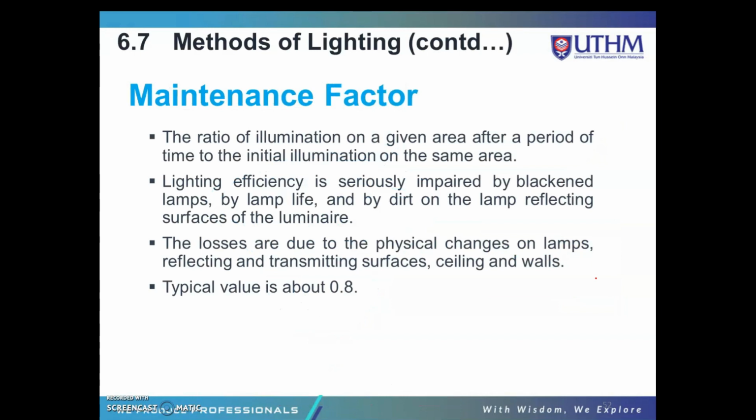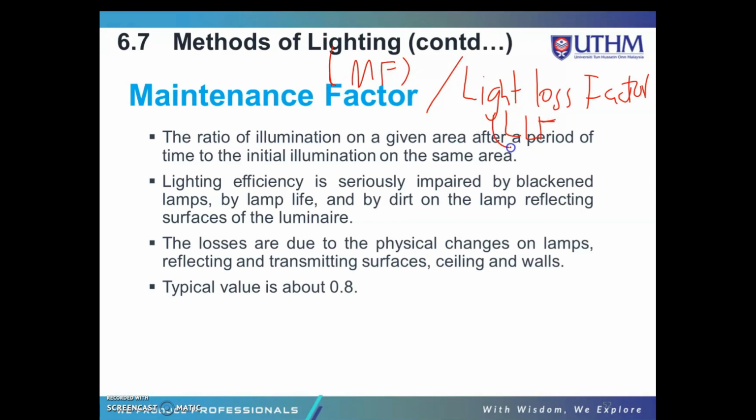And then we have the maintenance factor, or we call it light loss factor. This one is MF, maintenance factor, or LLF, light loss factor. It is the ratio of illumination on a given area after a period of time to the initial illumination on the same area.